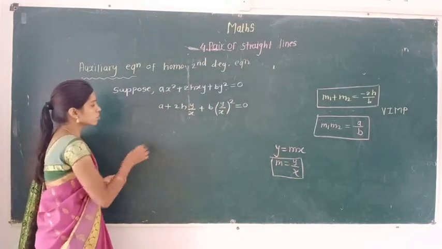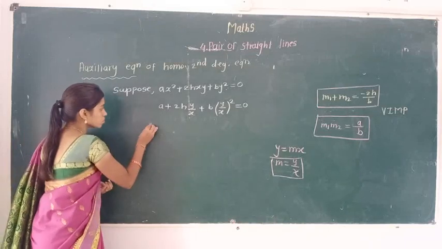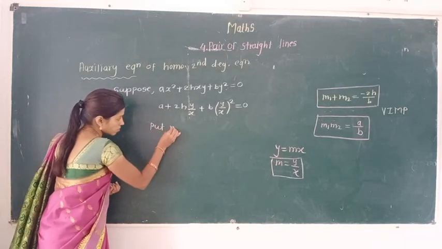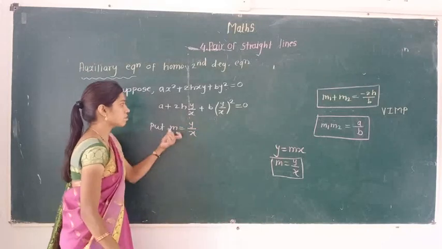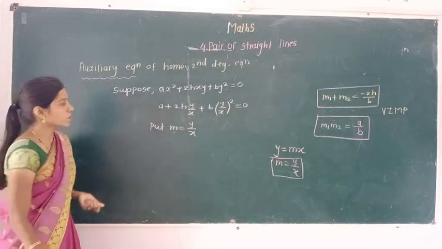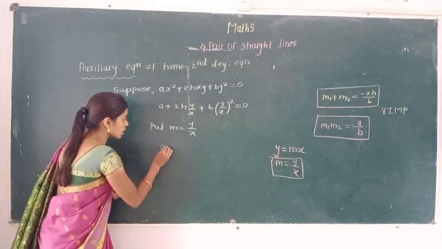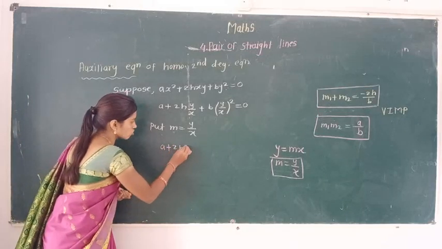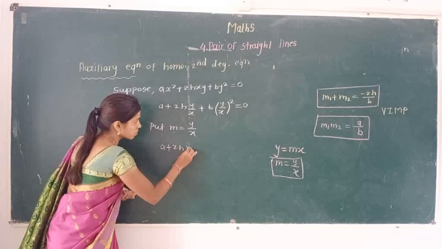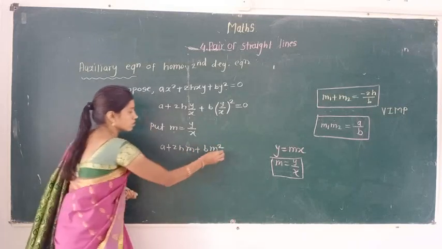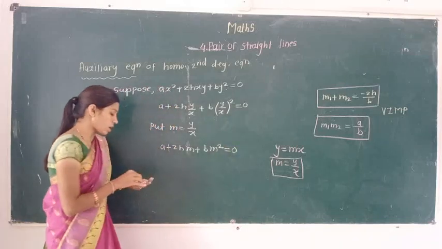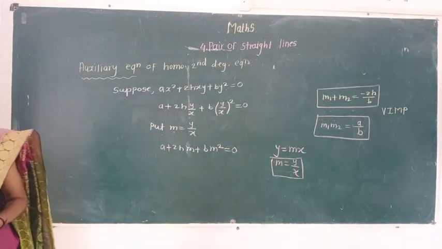Okay. Now put m is equal to y divided by x. So the above equation we can write, take a as it is, 2h m plus b m square is equal to 0. Now write down this equation in descending order.